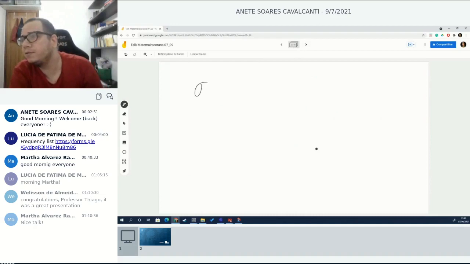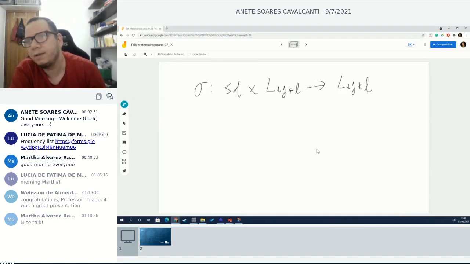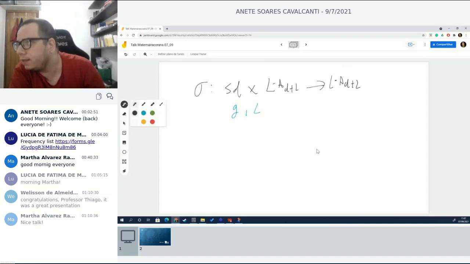Then we can define a group action from X_D square LAJKL from LAJKL. We have a permutation G. We have a LA D plus 2 and A D plus 2.